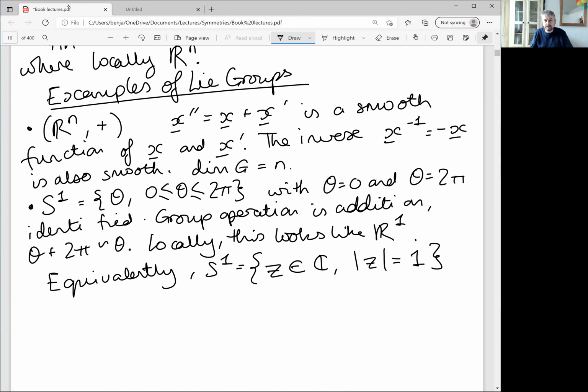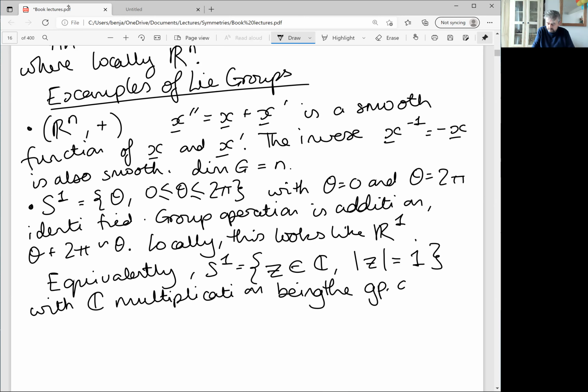And here, complex multiplication is the group operation.